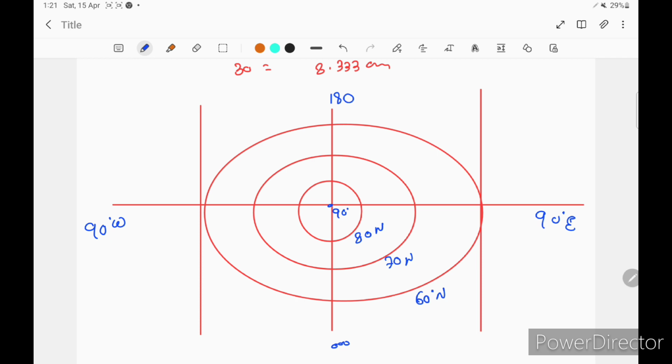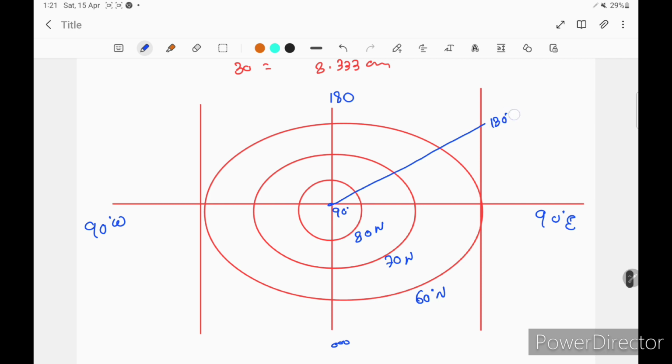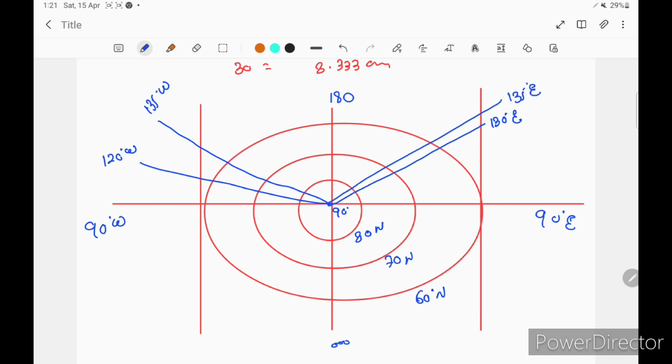Now this is 180 and this is 90, so in the center is this 130, this one is 120 west, 135 west, and this is 135 east.